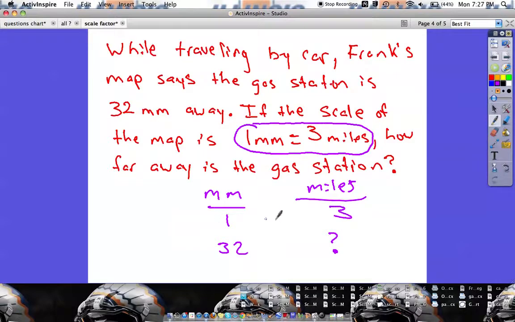I've already got it down to the scale factor where one of them is 1. I'll multiply this by 32, and also multiply this by 32. My answer would be 96 miles. On the map, it's this far, but using our scale, in real life the gas station is actually 96 miles away.